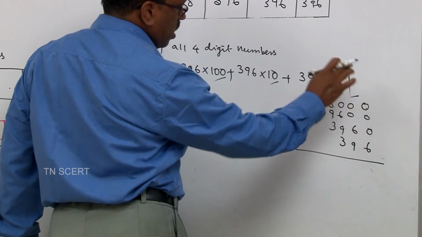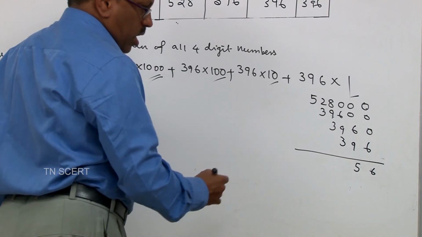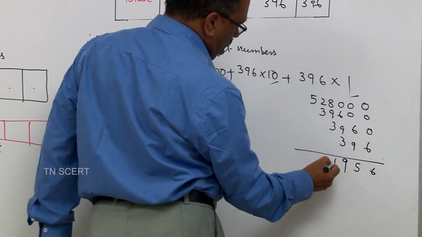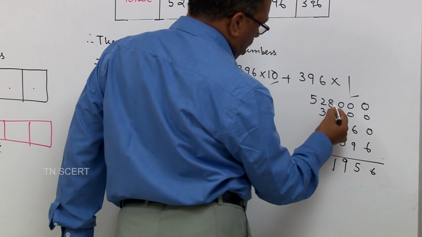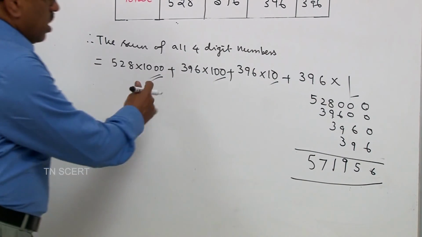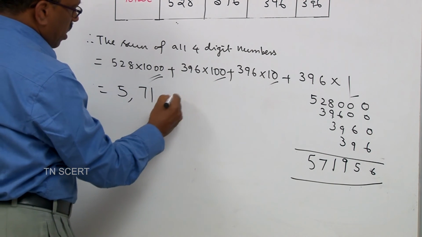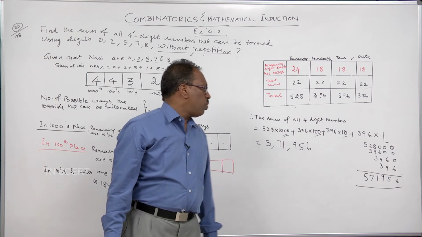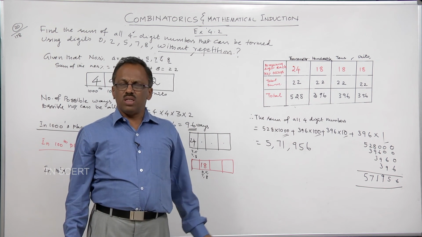Unit, tens, hundreds, thousands: 6, 9 5s are 45, and so on with the carries. While computing like this, we got the number 571,956. So 5,71,956 is the sum of all 4-digit numbers.